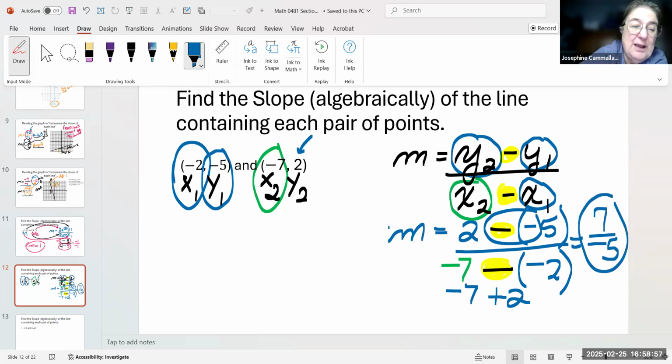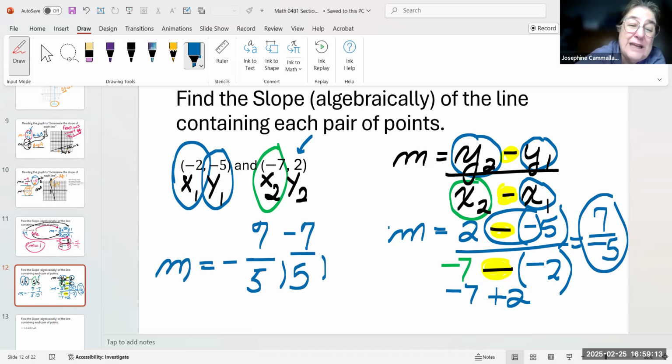Now, this is where you have to realize the slope can be written negative with the fraction bar, 7/5, but it can also be written -7 over +5, or it can be written 7 over -5.